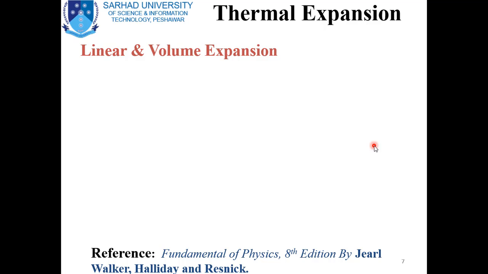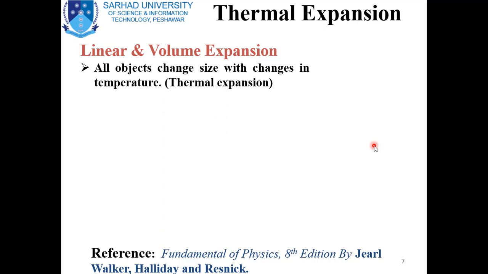As their temperature increases, the volume of a liquid increases, a metal rod grows a little longer, and the electrical resistance of a wire increases. All objects change size with changes in temperature, and such an expansion in the dimensions of the object is due to thermal expansion.